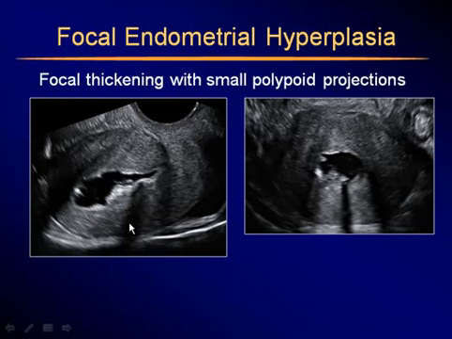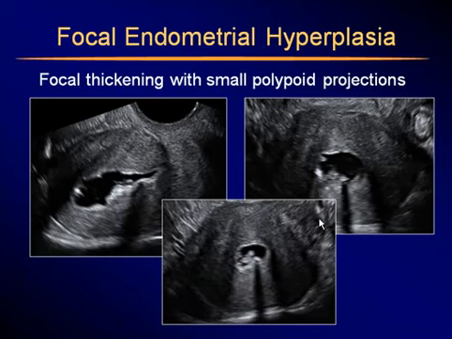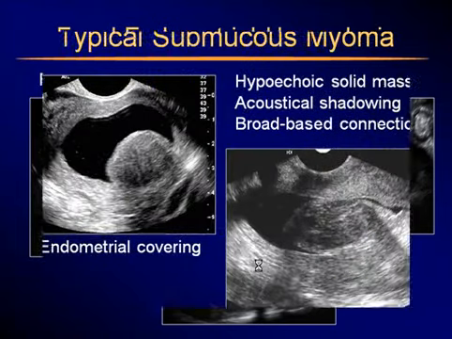Here's a case of focal thickening of the endometrium. This was hyperplasia, and it had small little polypoid projections. This had to be biopsied. It was focal hyperplasia, as we see here.